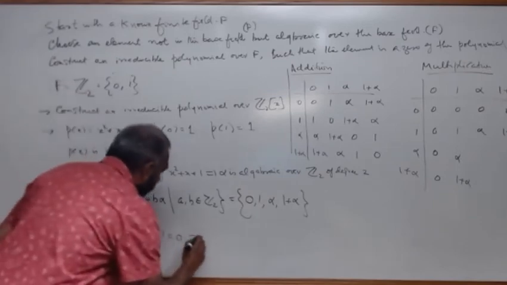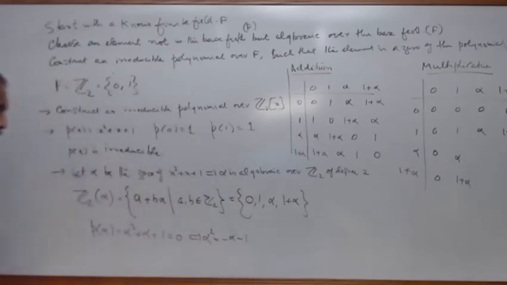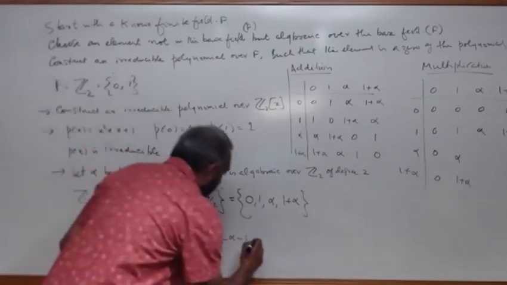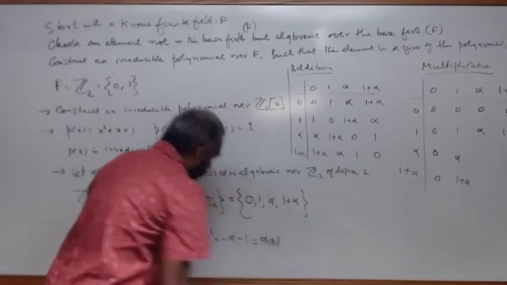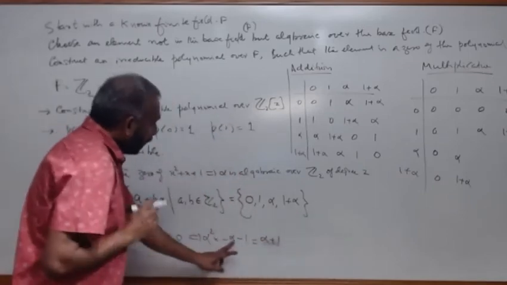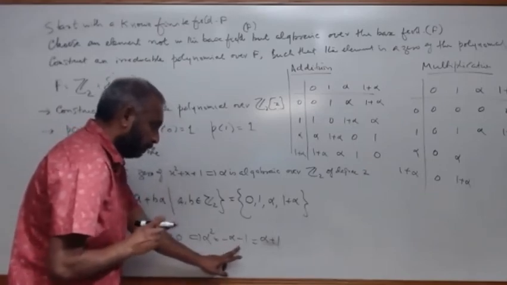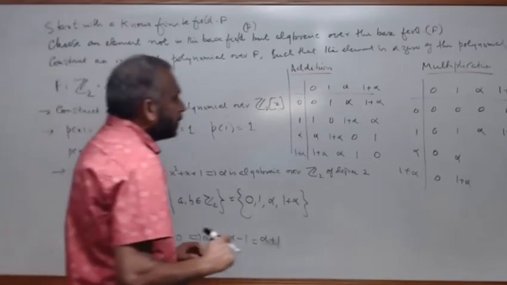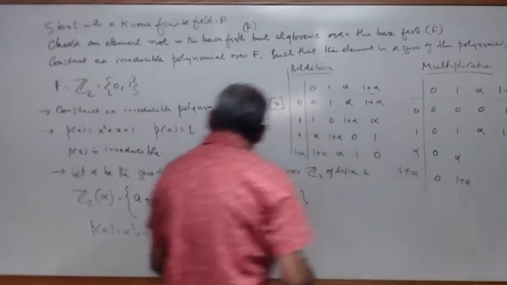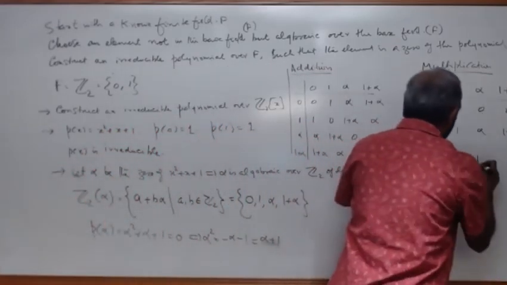That implies alpha squared equals minus alpha minus 1, and that implies 1 plus alpha. Why? Because the additive inverse of alpha is alpha, and the additive inverse of 1 is 1 in Z2. So alpha squared is 1 plus alpha.